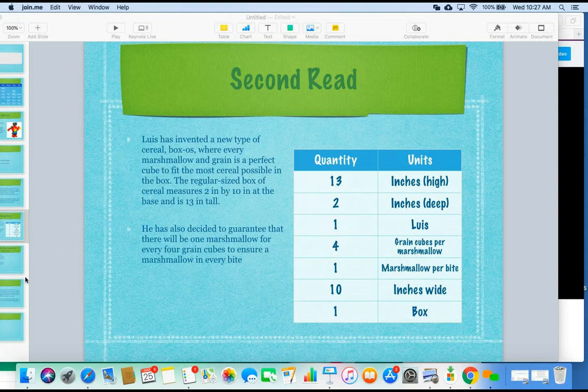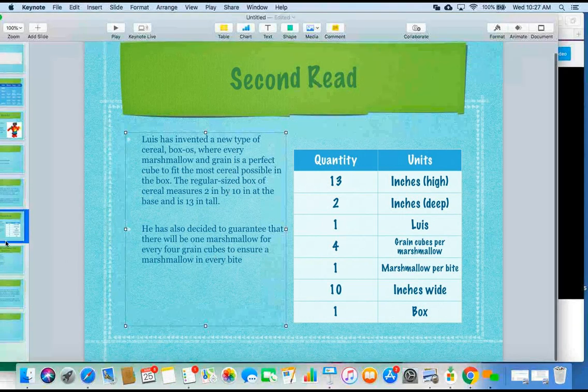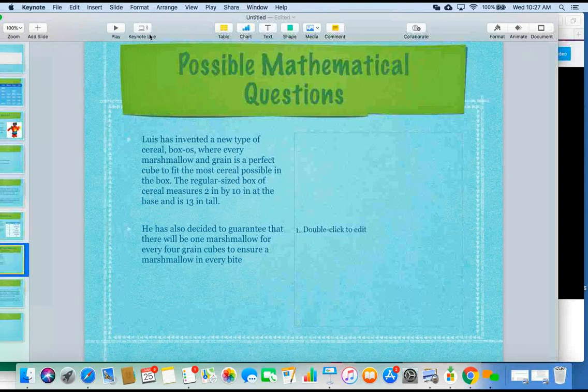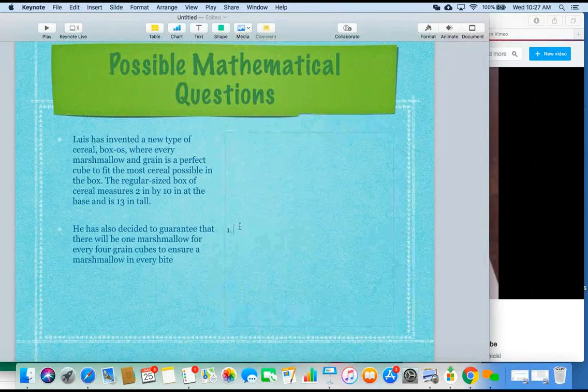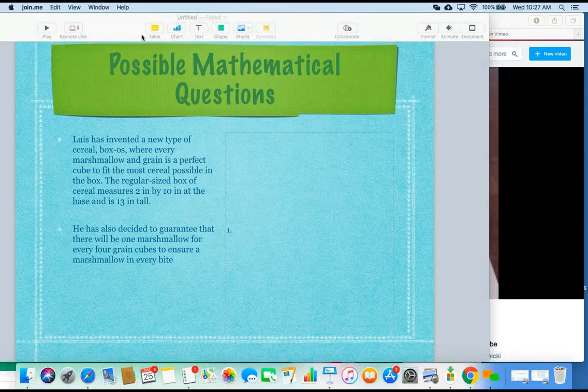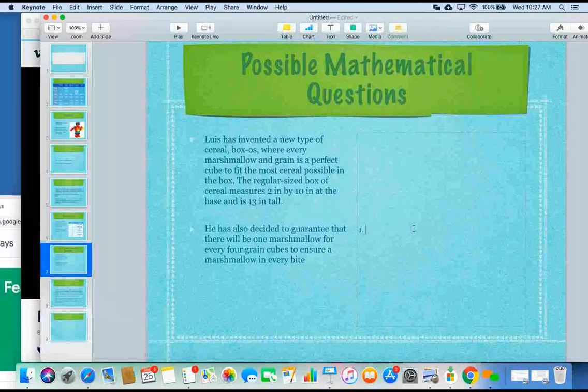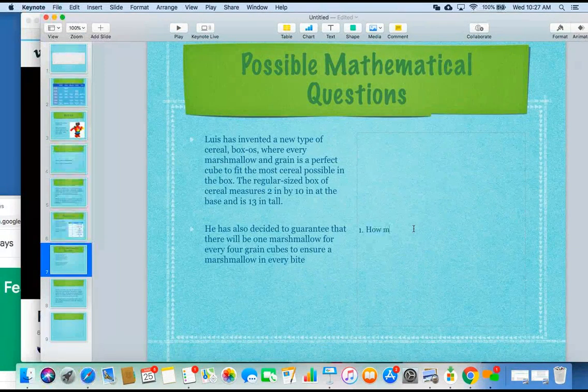Okay, so I'm going to type a couple of these ideas that you have shared into some of our questions. Putting it over so I can see your questions too. How much cereal in the box? How big would the box be if it was half the size?